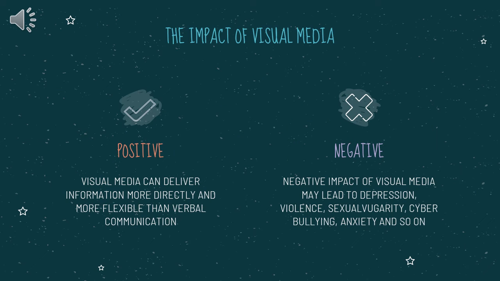The third source of visual media is infographics. Infographic has a definition as a visual image such as a chart or diagram used to represent information or data. In this infographic, there is so much information in it.